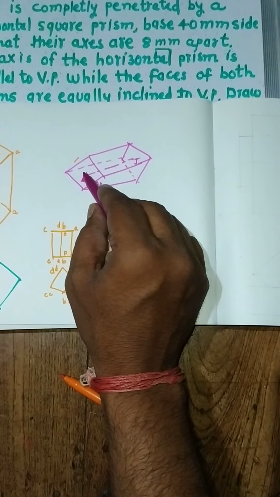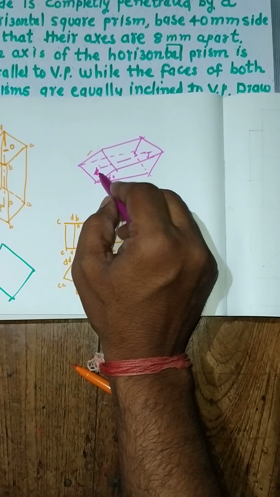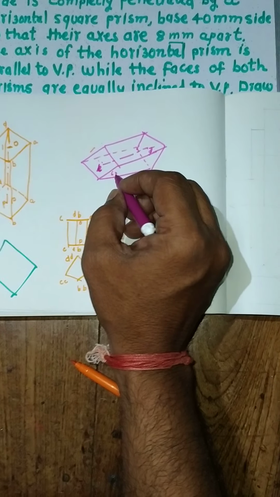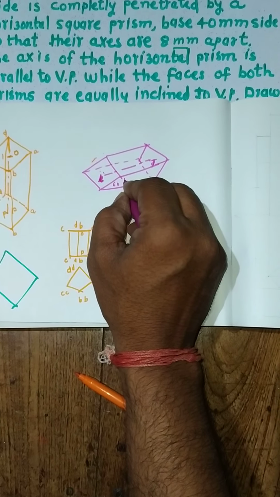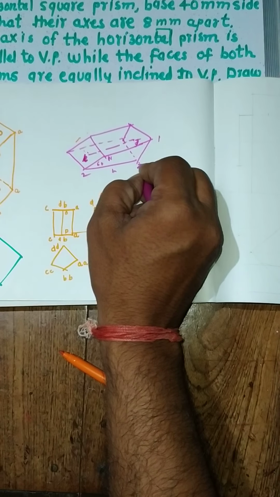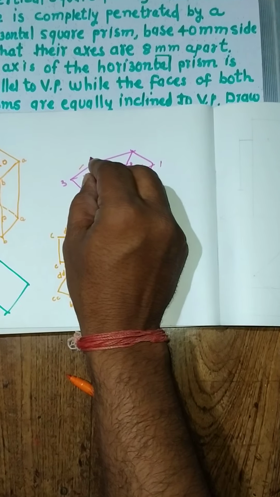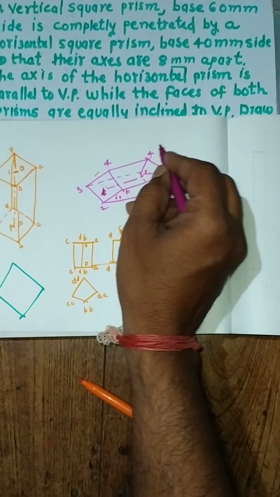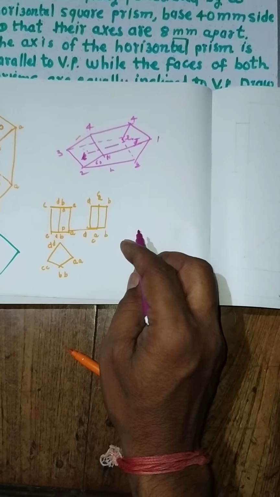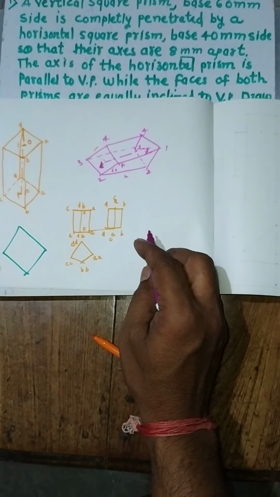The section which is perpendicular to the axis. Here is the axis IJ. The square, I will name it as 1, 2, 3, and 4. Now, if you draw the projection of this horizontal solid, we observe a square in the side view.